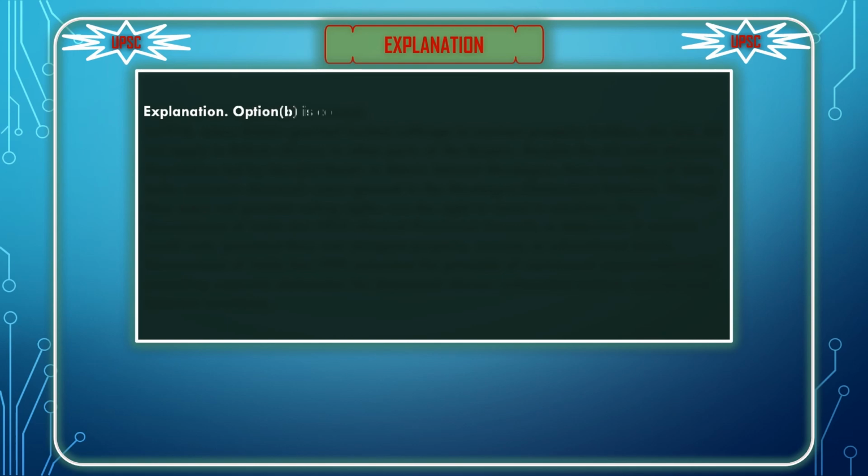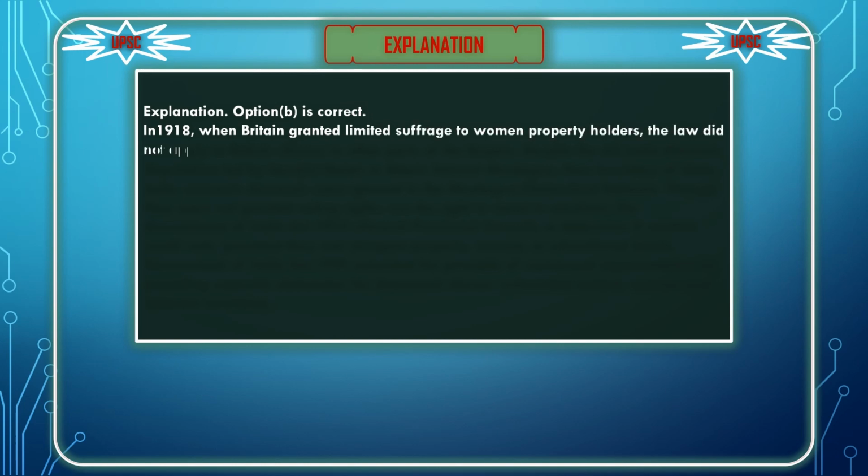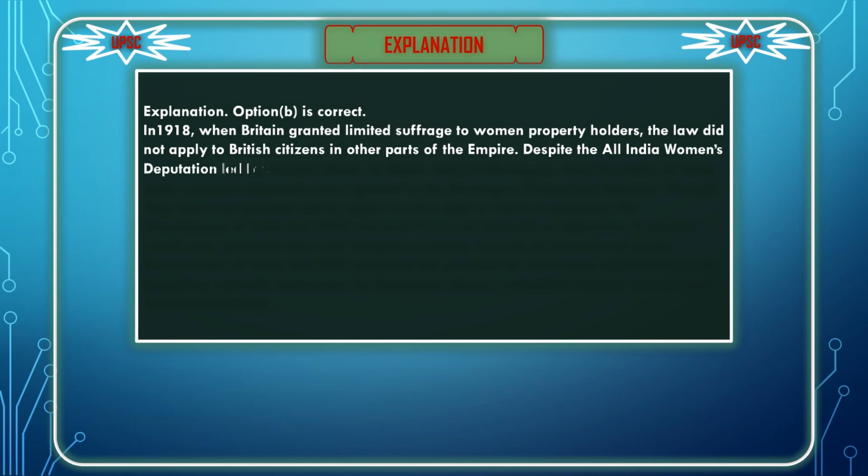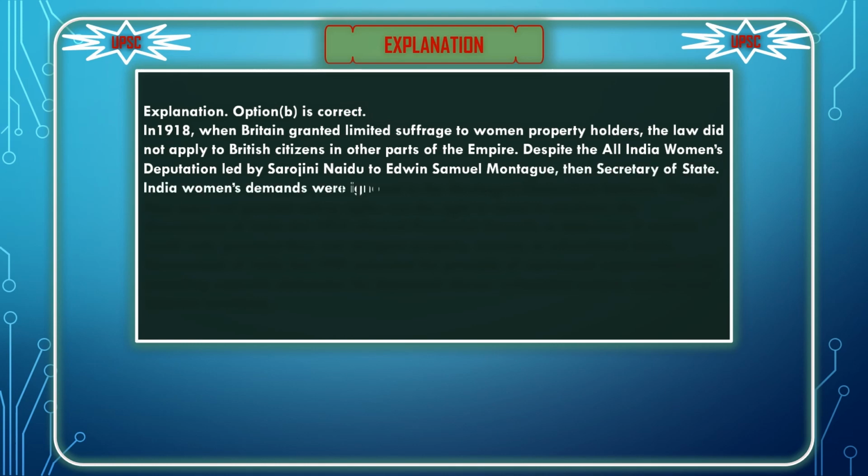Explanation. Option B is correct. In 1918, when Britain granted limited suffrage to women property holders, the law did not apply to British citizens in other parts of the empire. Despite the All India Women's Deputation led by Sarojini Naidu to Edwin Samuel Montagu, then Secretary of State, Indian women's demands were ignored in the Montagu-Chelmsford reforms.